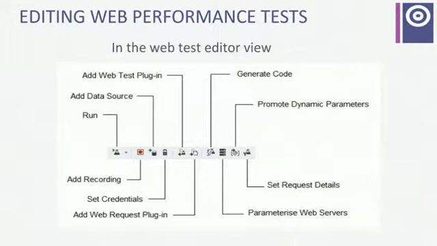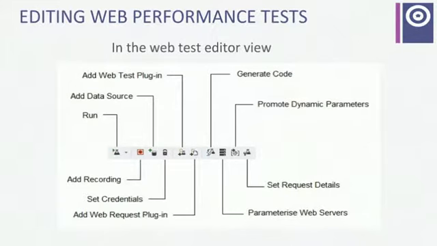So you can override the way that it works, and you can add your own functionality either to the test as a whole, or to individual requests. You need some programming skills to do this. It's a little bit technical, but just bear in mind that's a possibility. You can generate code, so you can turn your recording into proper code, so you can go in there and look at it, and you can manipulate it that way.